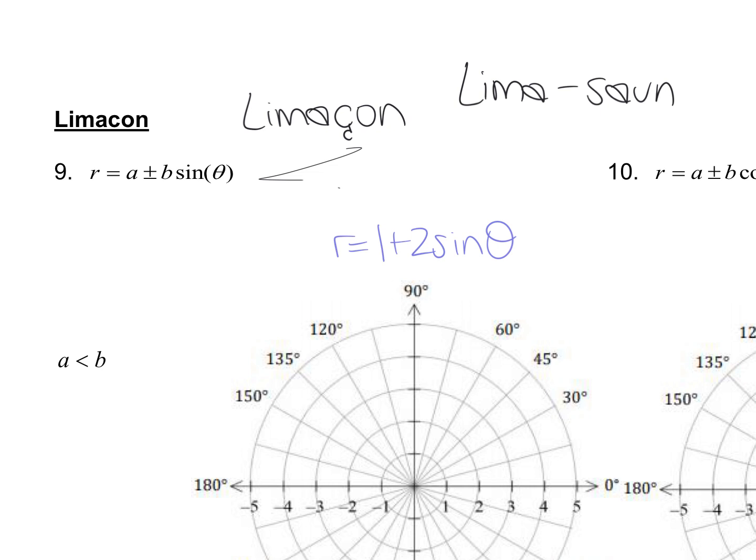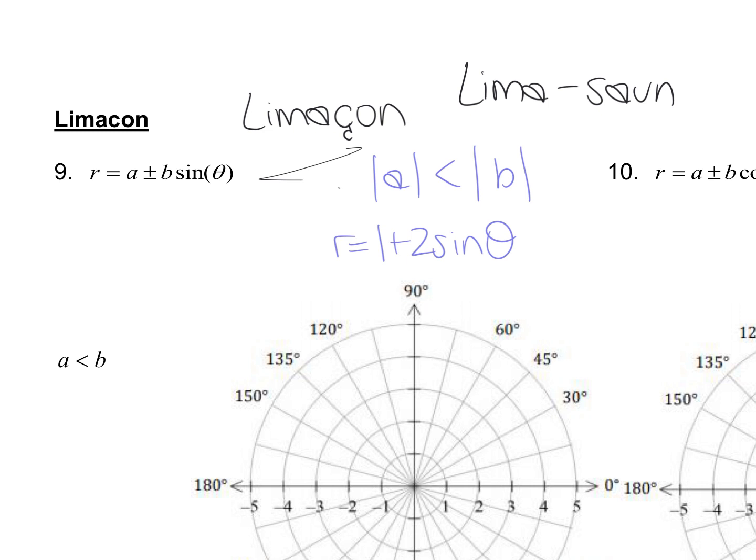In this version, your absolute value of A is less than your absolute value of B. These ones are less likely for you to be able to remember all the different versions. I will be honest. How you graph these is this.